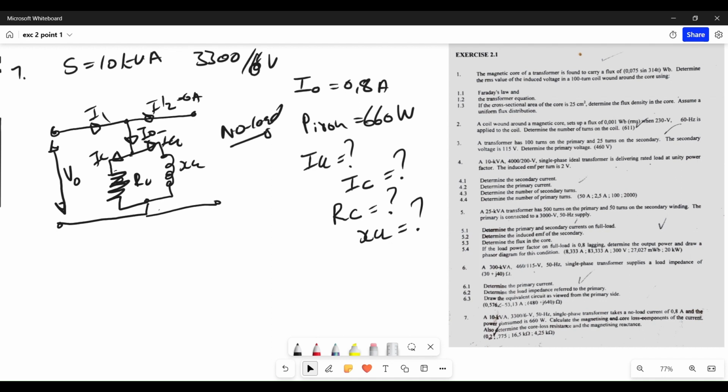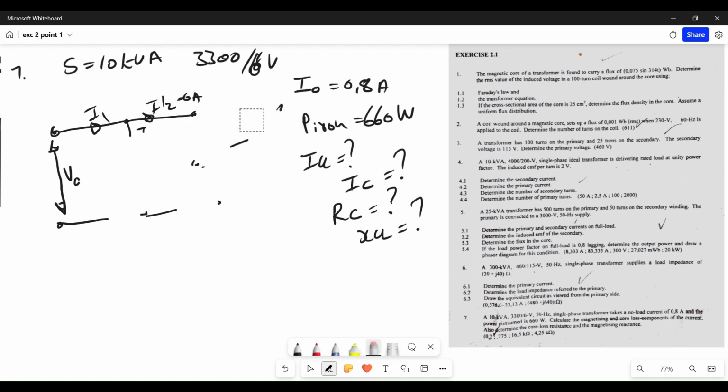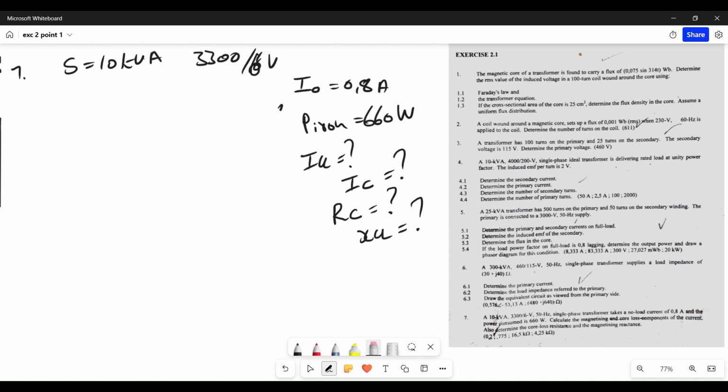Don't assume, because this is the theory, and that's why it gets tricky. Before calculating anything, always check which side the test was done. So how to check?